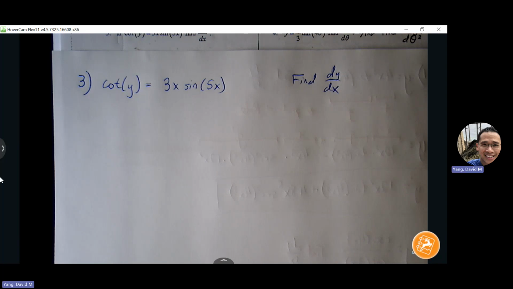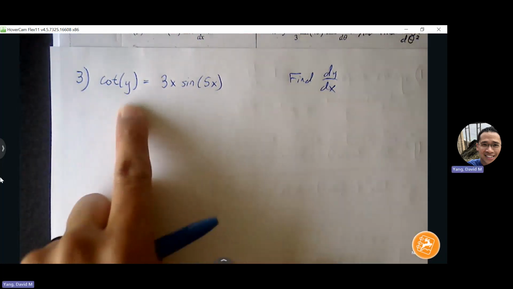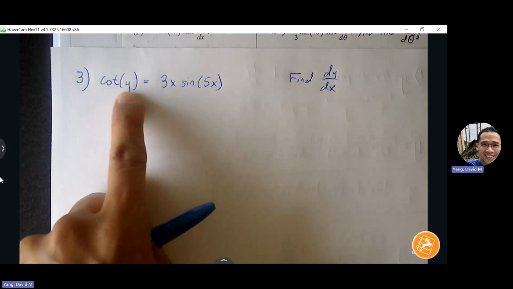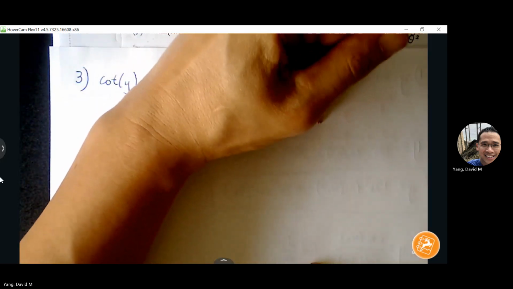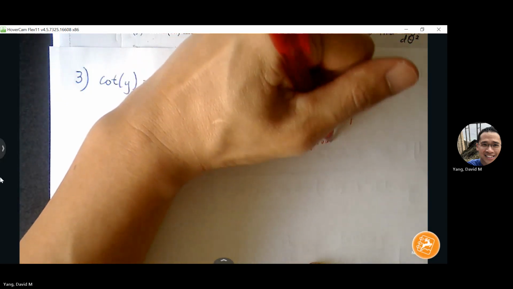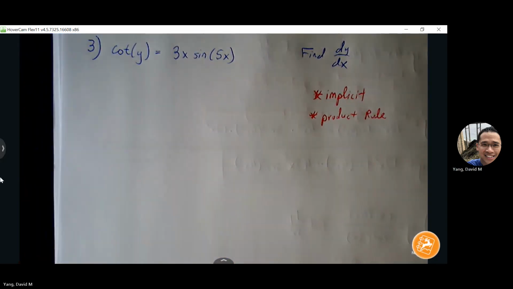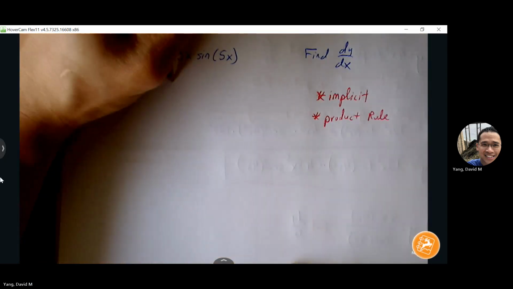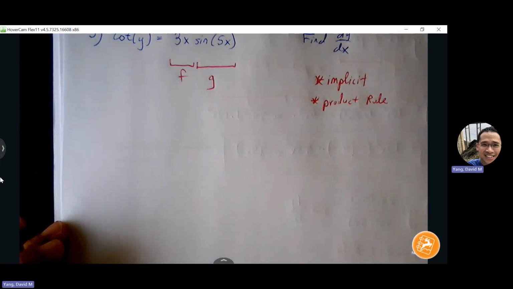Cotangent of y is equal to 3x sine 5x. What do you notice here? Let's get the product and implicit because y is not by itself, right? There's something attached to y, or y is inside the equation here. We've got to keep track of our dy dx. Product rule there.